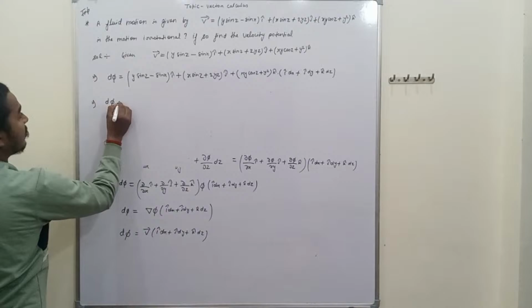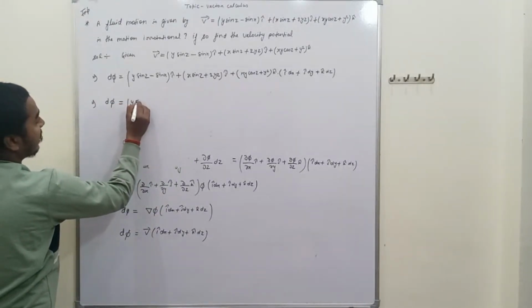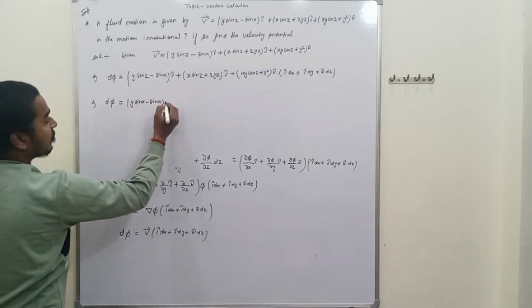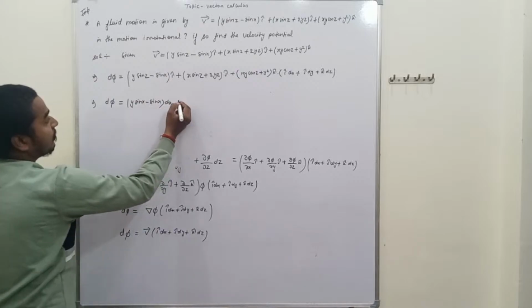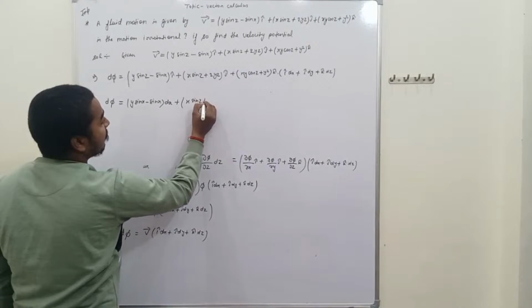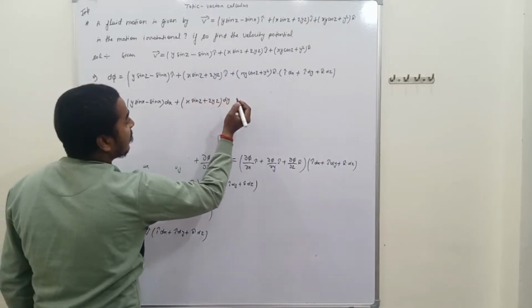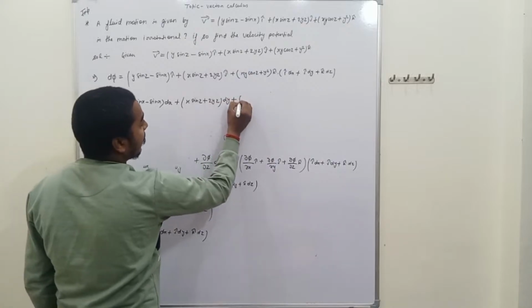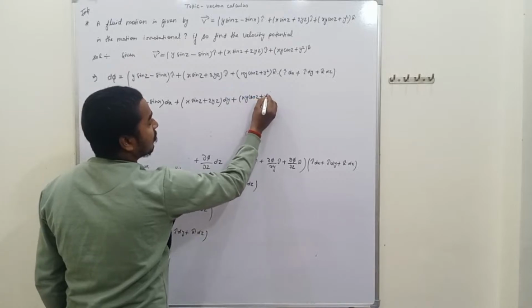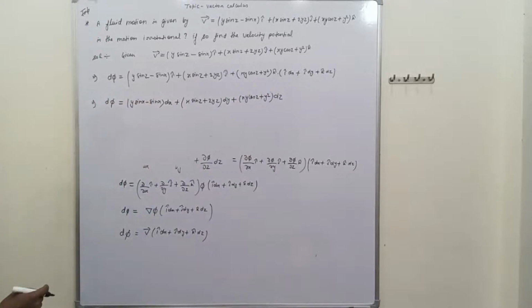dφ equals (y sin z − sin x) dx + (x sin z + 2yz) dy + (xy cos z + y²) dz.